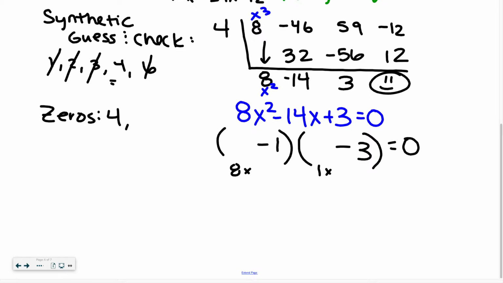That's not giving me 14, right? I can switch it around. I can do a 1x and an 8x, and that'll give me a 3x and an 8x, but that won't give me 14. That'll give me negative 11. So now I'm going to try 4x and 2x. That'll be 12 and 2. Is that going to give me 14?